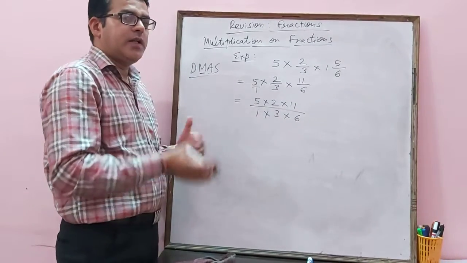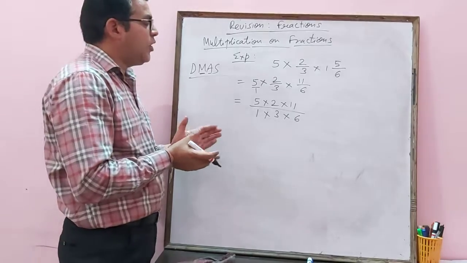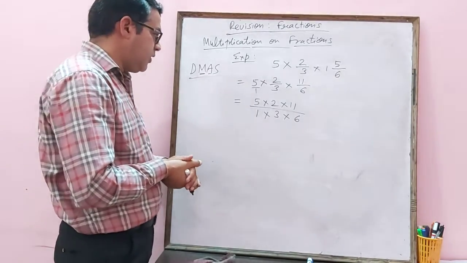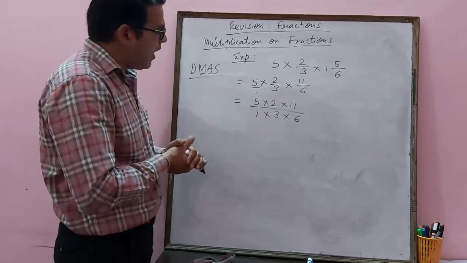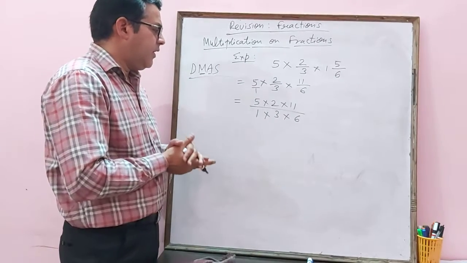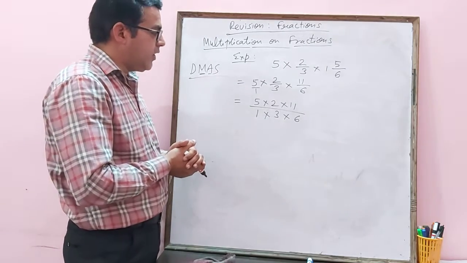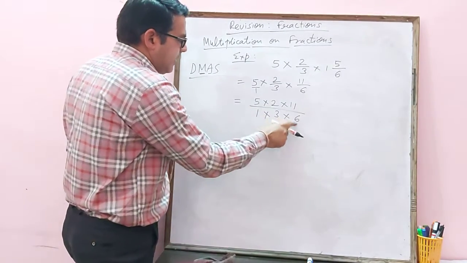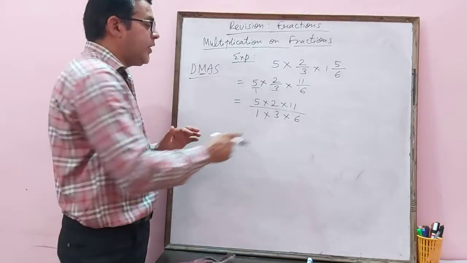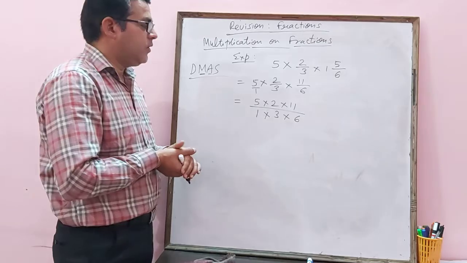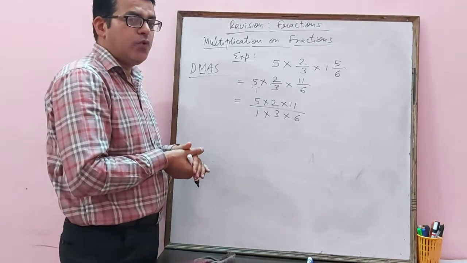Numerators we can multiply by numerators. Denominators we can multiply by denominators. This is very simple logic. Now see, have a look at this. Can we reduce any of them? Yes, we can reduce. 2 and 6. We can reduce this 6 by 2. Since 6 is divisible by 2 and 2 is also divisible by 2.